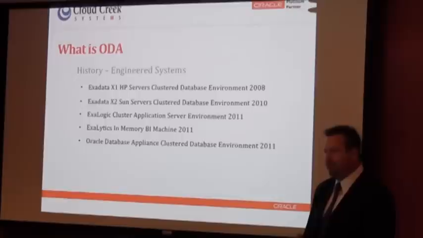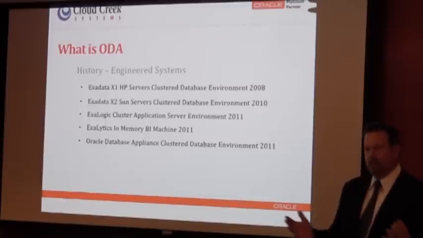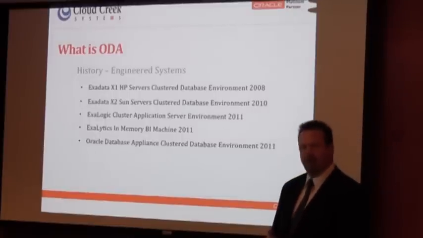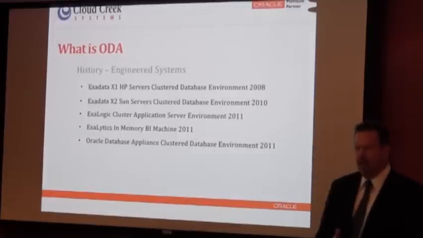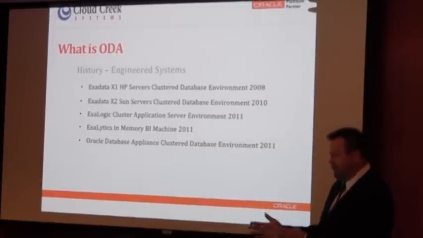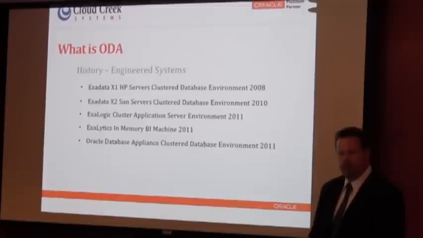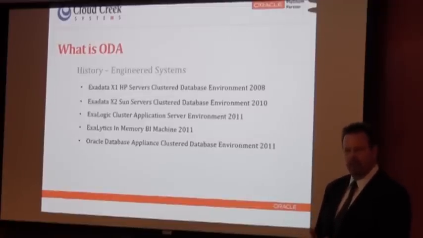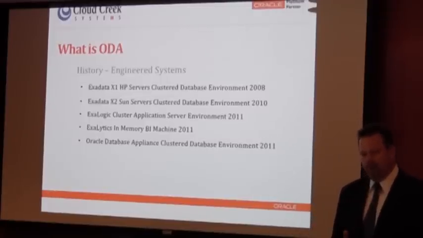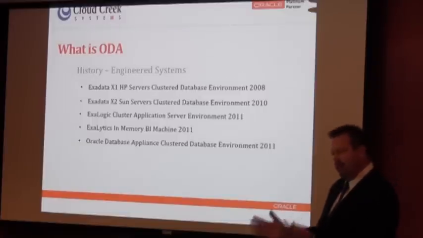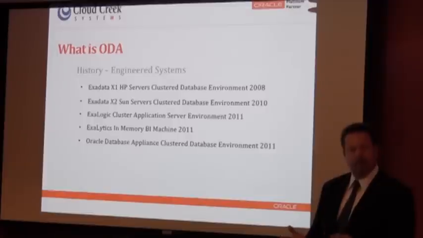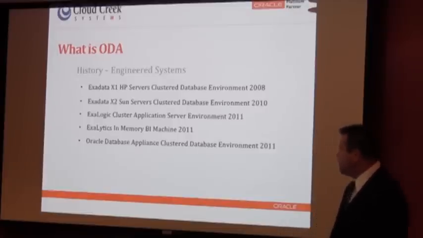They had a lot of problems with the system, but this integration of software and hardware started back then for Oracle. Then, after the acquisition of Sun, they came out with the Exadata X2 systems, and there's a variety of those systems available now based on Sun hardware and Sun storage.